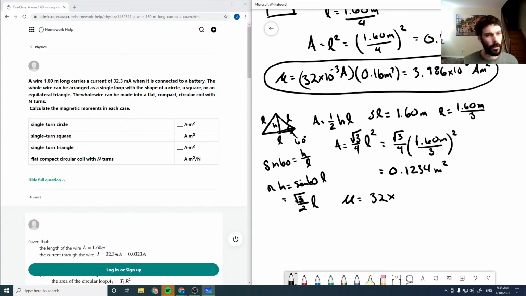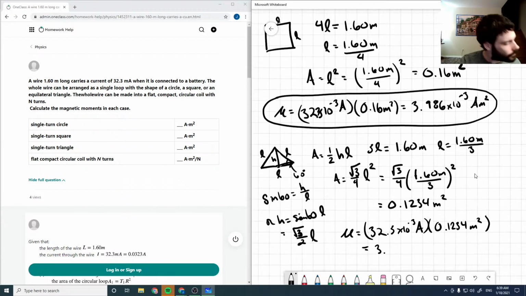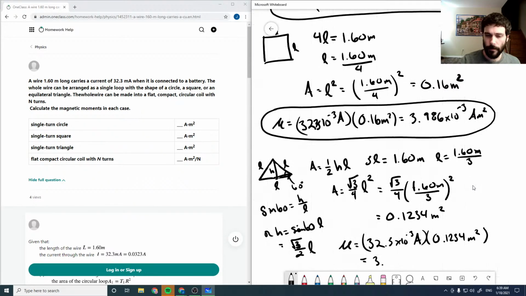And so then our magnetic moment is 32.3 times 10 to the minus 3 amps times our area, which comes to be, oh, all right, I have to be slightly more careful with how I write here, sorry.